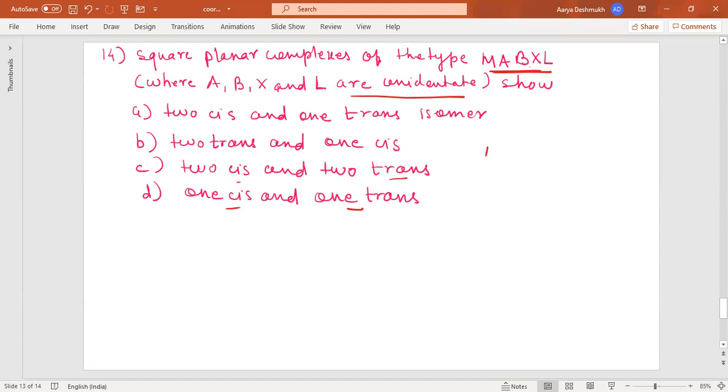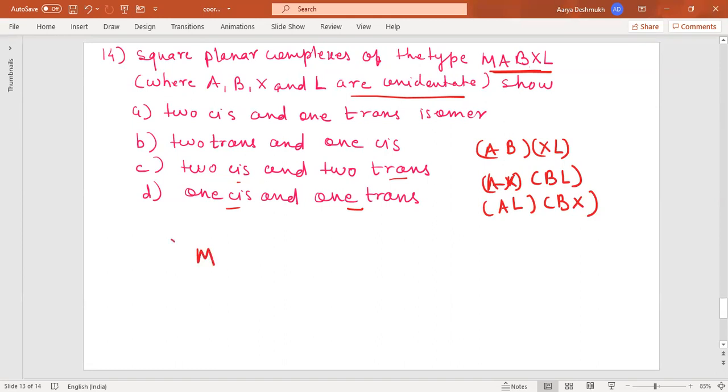That will be AB XL. Next is AX BL. Then AL AX. Then AL and BX. These 3 are the possibilities. So out of these, how many are cis and how many are trans? It is asked. So try to draw the structure.